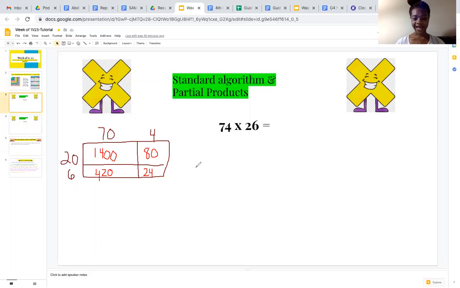So now we want to add these four partial products. As always, all of the digits need to be lined up, take up one space. And I like to write my numbers down in order so that I can see and make sure that this is making sense.